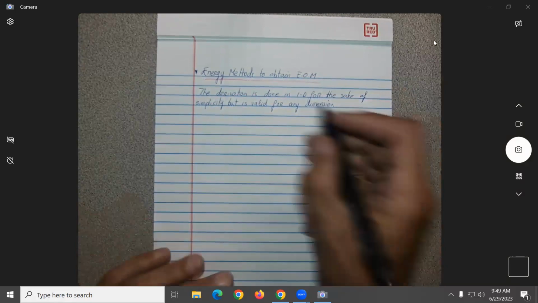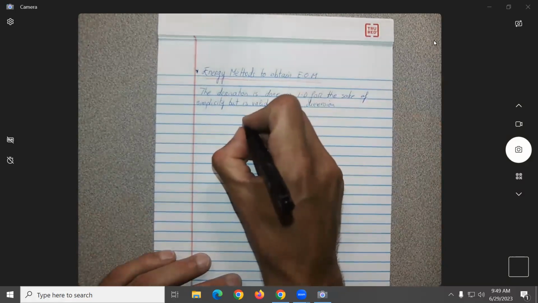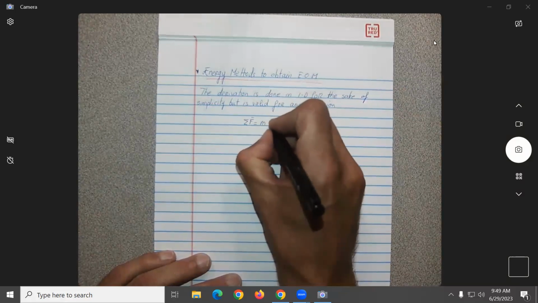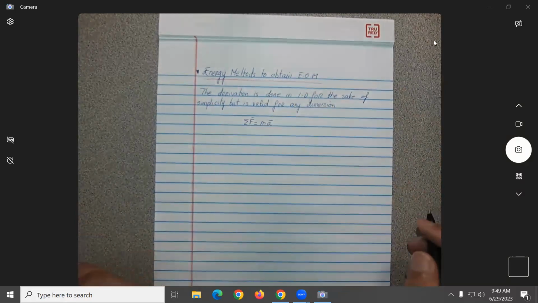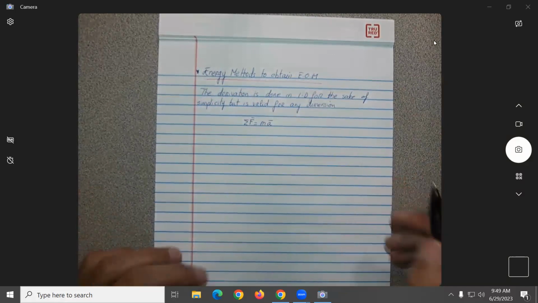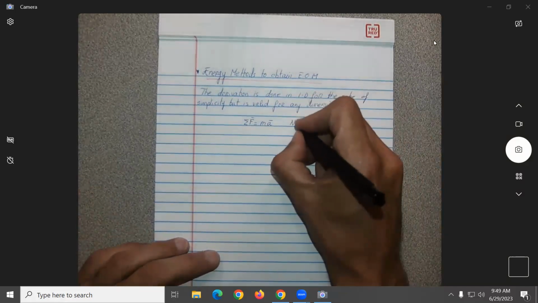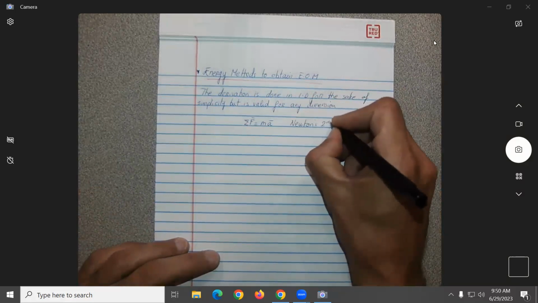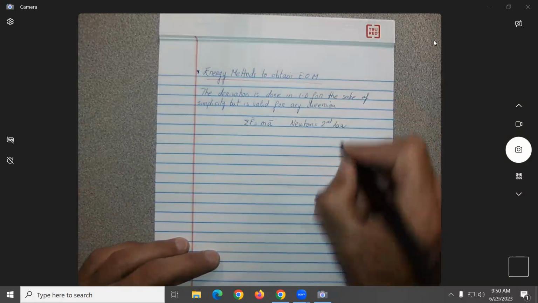Basically, what is the equation that we use to do the derivation? It's not completely new. Energy methods are based on Newton's law. This is Newton's second law that you are familiar with.